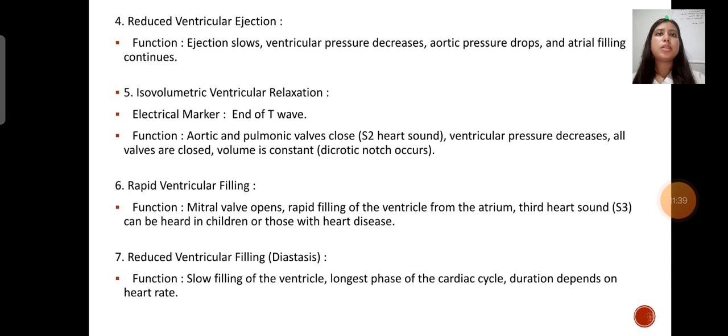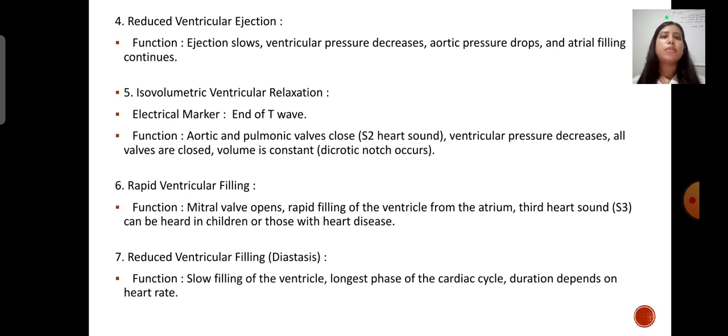The fourth one is the reduced ventricular ejection, where ventricular pressure decreases, aortic pressure drops, and atrial filling continues. Then there is isovolumetric ventricular relaxation at the end of the T wave, where the aortic and pulmonary valves close, the S2 heart sound is created, ventricular pressure decreases, all the valves are closed, and volume is constant, causing the dicrotic notch.